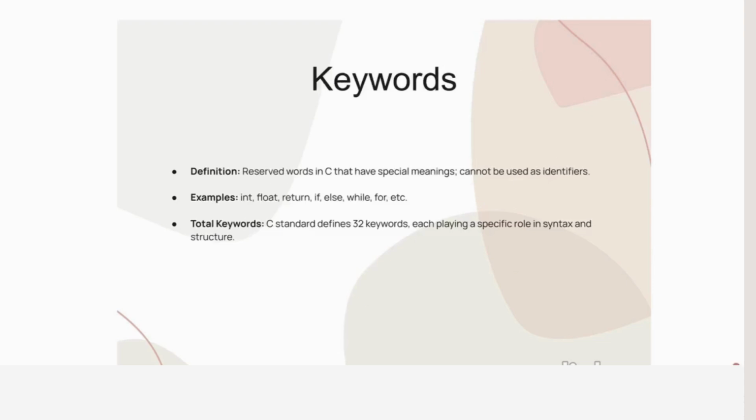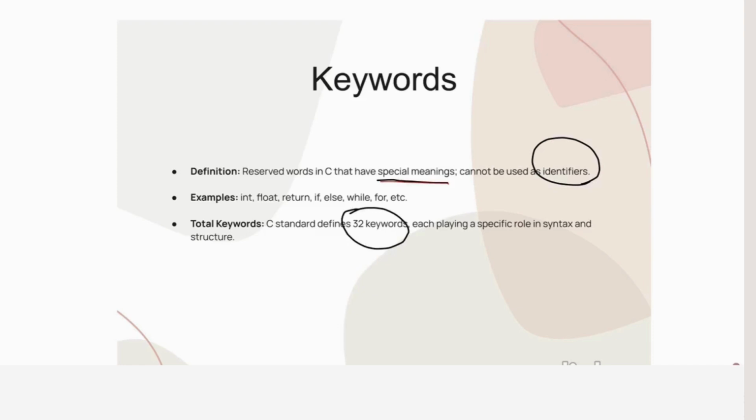Keywords. Keywords are reserved words. They hold special meaning in C. We must keep in mind keywords cannot be used as identifiers, like user-defined variable names or function names in your program, because they already hold special meaning as defined by Dennis Ritchie and Kernighan in their library. There are a total of 32 keywords available in the standard C library.